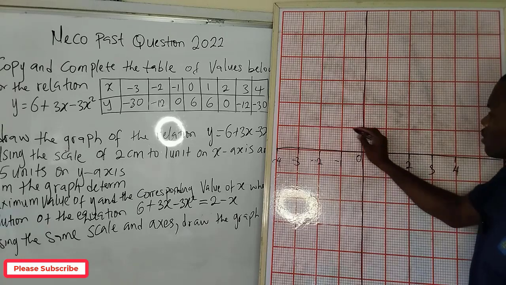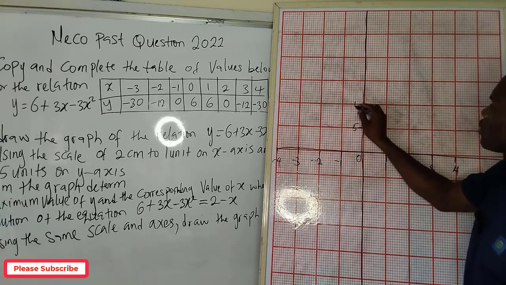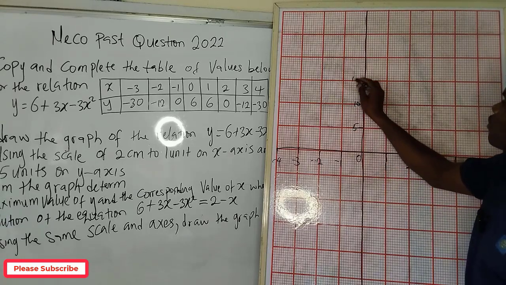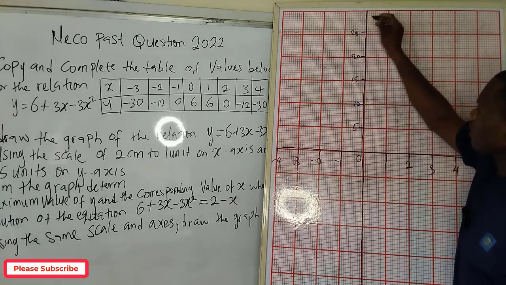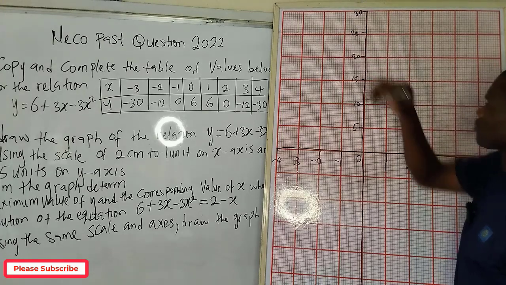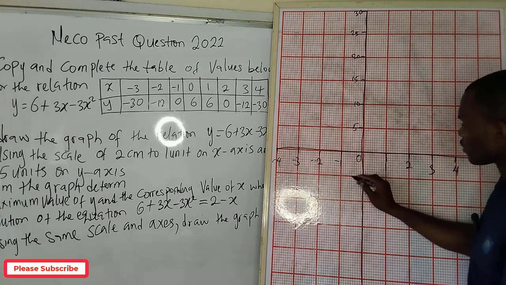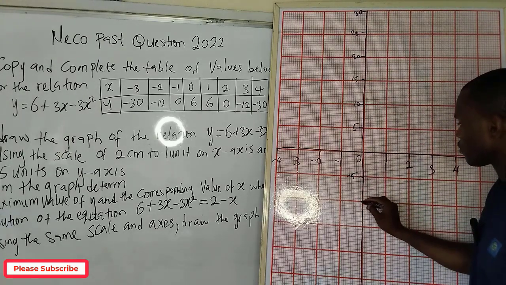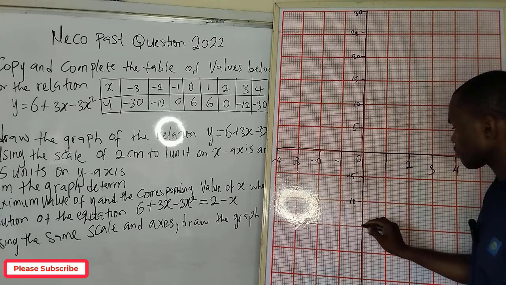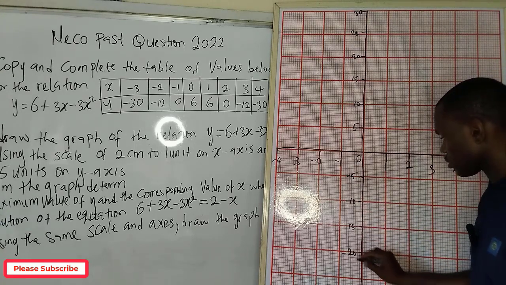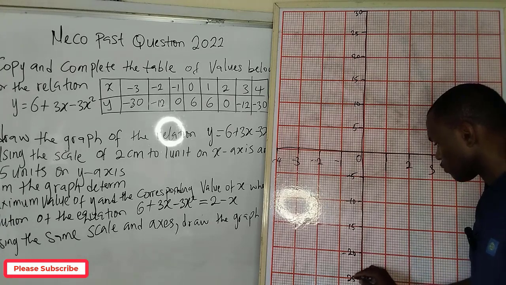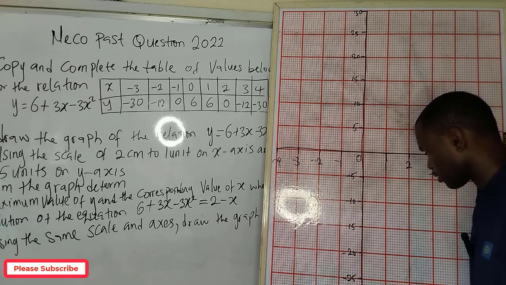So on this part, I'll have here as 5, 10, 15, 20, 25, and then 30. Then here I'll have -5, -10, -15, -20, -25, then -30.